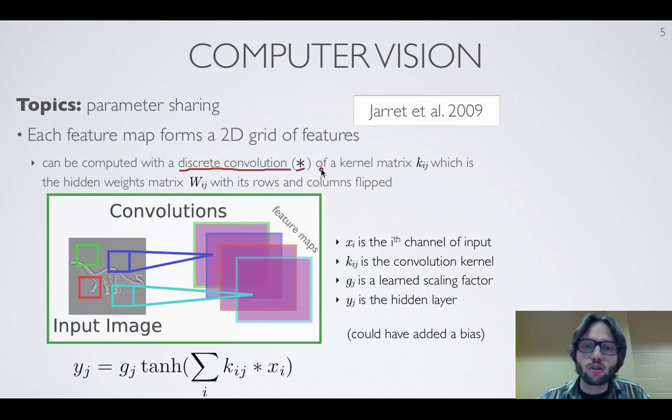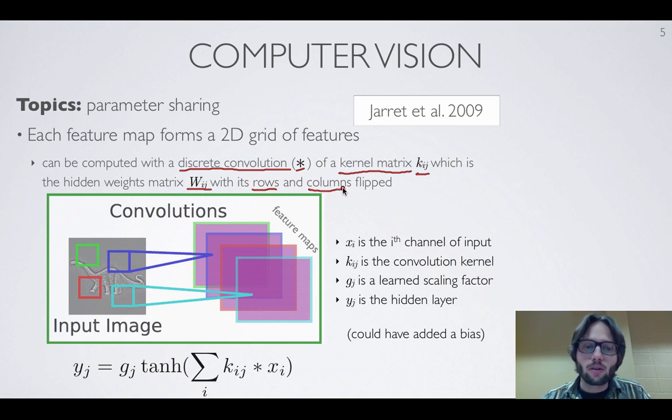And so computing the feature maps, which are the pre-activations for the hidden layer, will correspond to doing a discrete convolution with a channel from the previous layer using a kernel matrix, which we note as Kij, where i is the index of the channel in the previous layer and j is the index of the feature map again. And that kernel is computed from the hidden weights matrix Wij. Specifically, it'll just correspond to a Wij, but where we flipped the rows and the columns in that matrix.